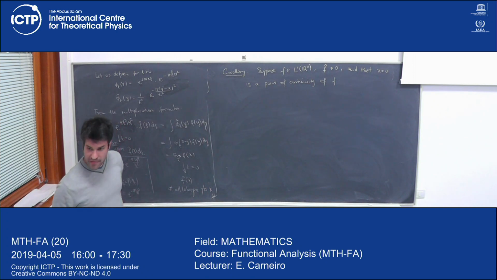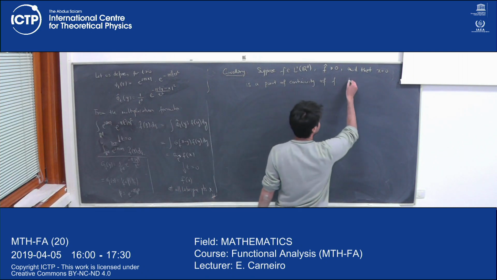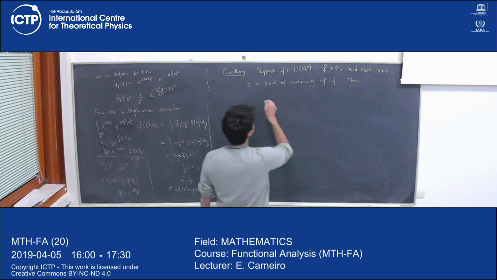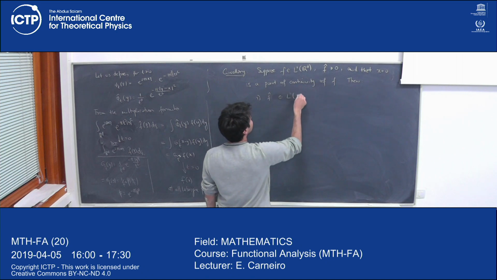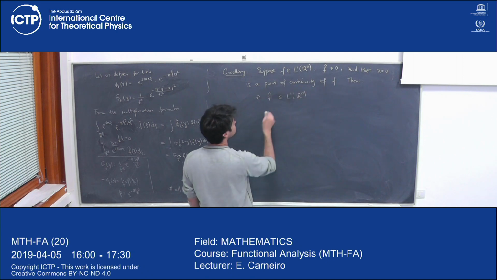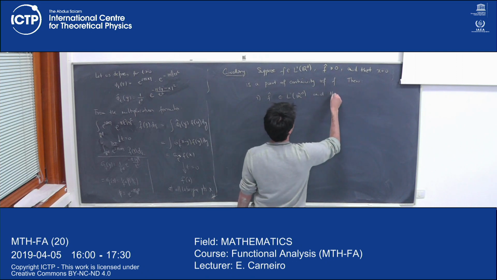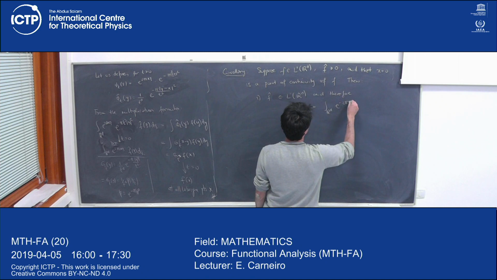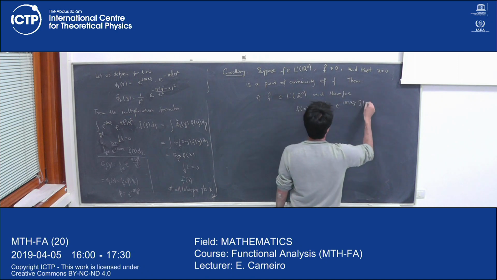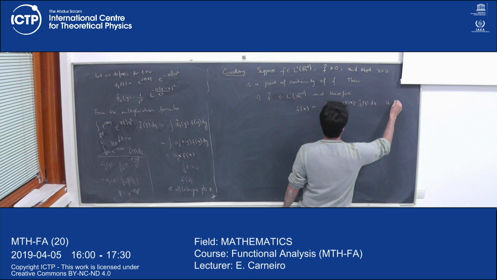You have an integrable function f, you have that 0 is a point of continuity of f, and you have that f hat is bigger or equal than 0. I'm not saying that f hat is integrable anymore. Then the conclusion is f hat is integrable, and therefore the Fourier inversion applies almost everywhere.